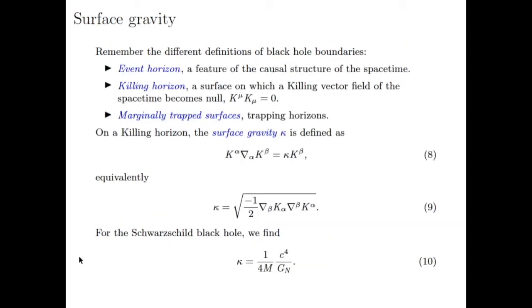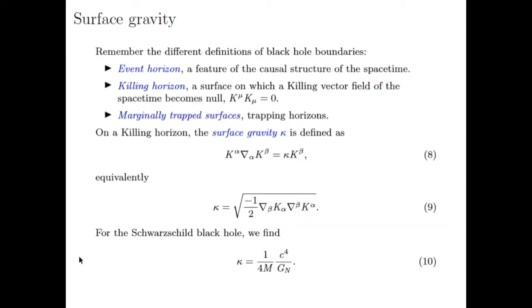First of all, let me give you the definition of what the surface gravity is. So remember, last lecture we talked about how to define the boundary of a black hole, and there are three different proposals that happen to be identical for the Schwarzschild black hole and also the Kerr-Newman black hole, but don't have to be identical for more general things like time-dependent black holes.